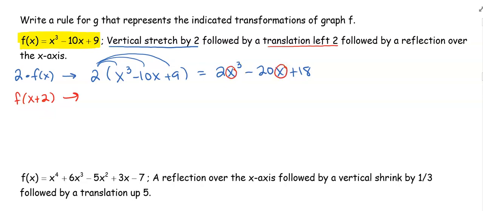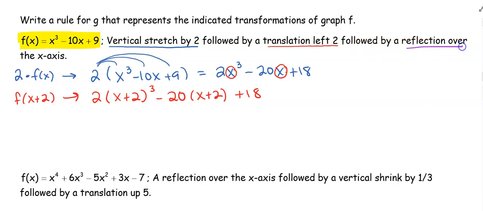Before now, we only had one x in the equation. So now this becomes 2 times (x plus 2) cubed minus 20 times (x plus 2) plus 18. So anytime you see an x, you have to represent that horizontal shift in all of those places.